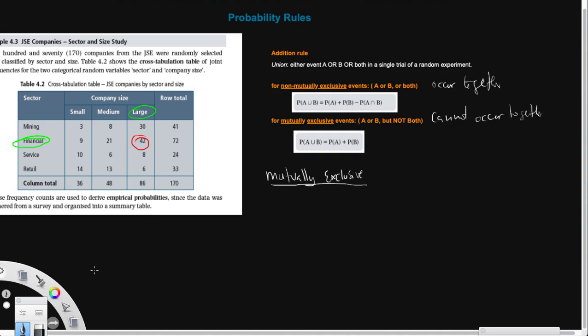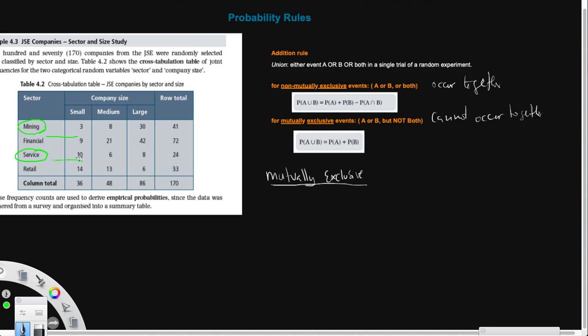So let's say you are trying to find out perhaps the probability of selecting a random company that is either a mining company or a service company. By just highlighting mining and service, obviously you see that these two are mutually exclusive, meaning that they cannot occur together.